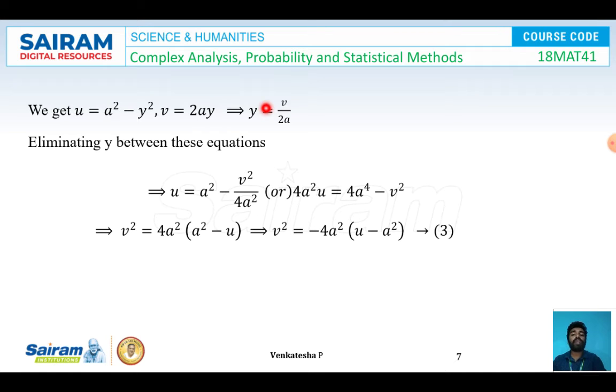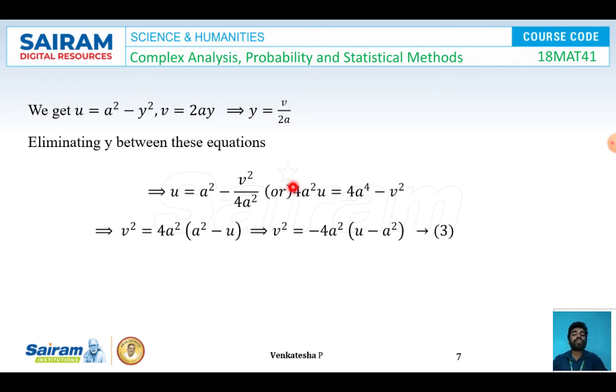Now to eliminate y, I am going to replace y = v/2a in u = a² − y². So I got u = a² − (v/2a)². Expanding this, we get u = a² − v²/4a².